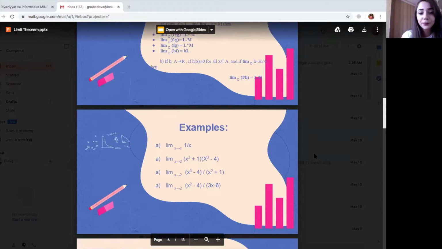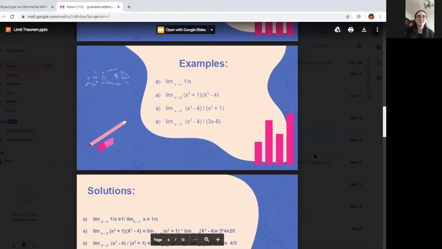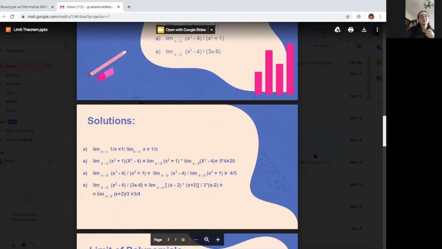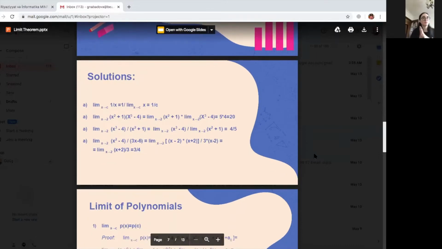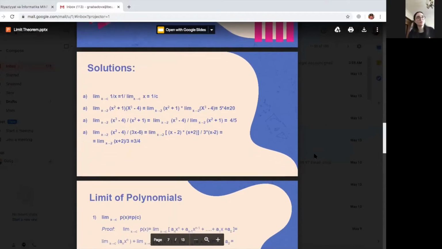Great. And here are some examples, not so brief. In the next page, you can see the solutions. It's based on the properties of division and multiplication, showing how the process goes.